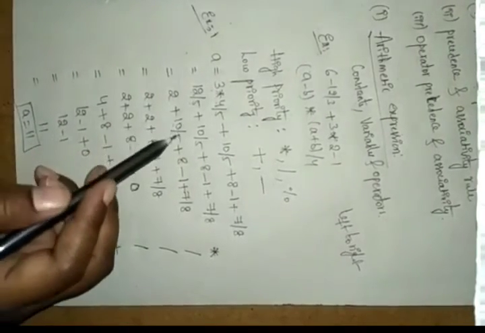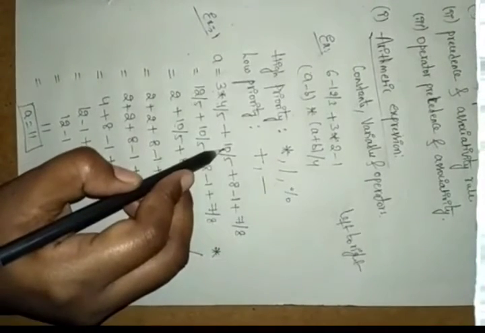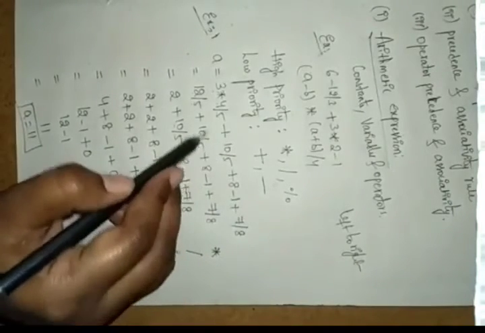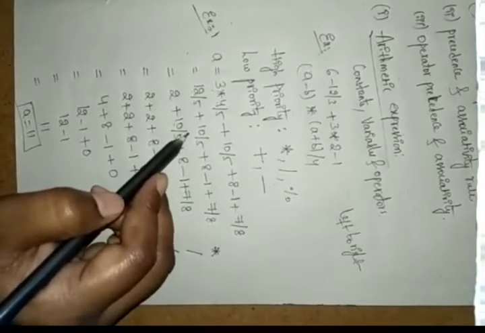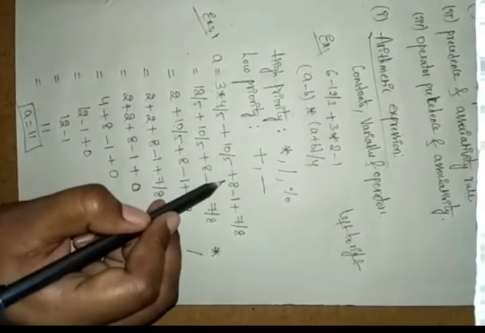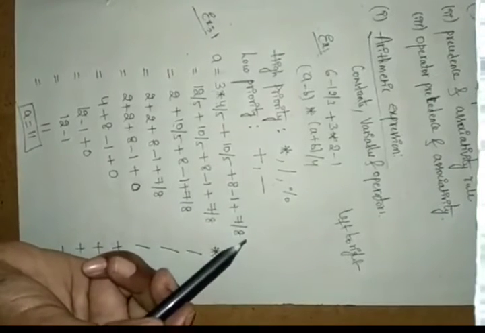Suppose you perform 10 / 5 directly, you will get a different value. This part is also 0, so 2 + 8 means 10, minus 1, you get 9 only if you do it like that.